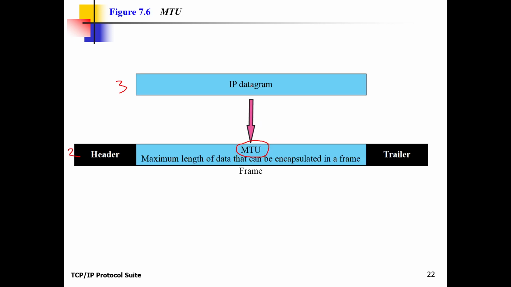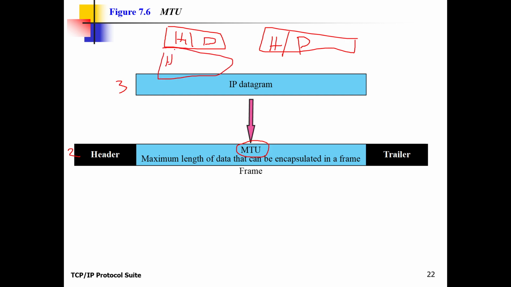Remember, in the datagram we have two parts: the header and the data. So to fragment it, you create header 1 with a portion of the data, then the same header with the other portion of the data.